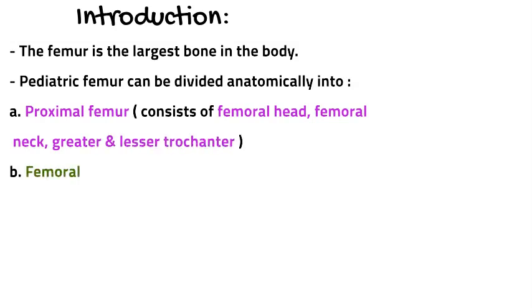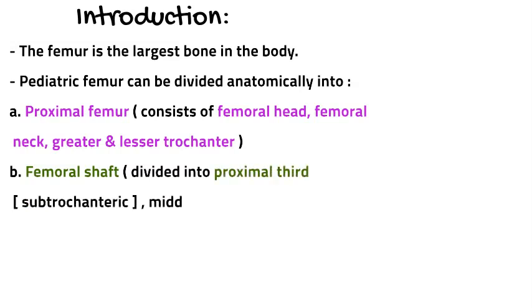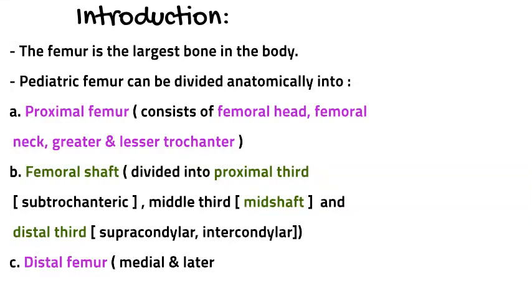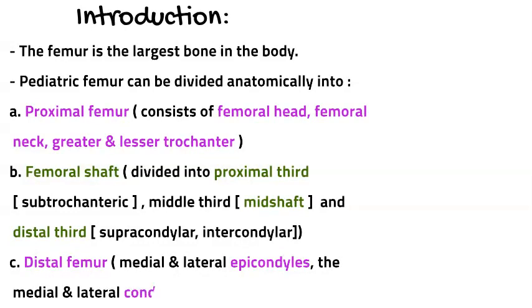B. The femoral shaft, which can be divided into proximal third, subtrochanteric, middle third, mid shaft, and distal third, including supracondylar and intercondylar. C. The distal femur: medial and lateral epicondyles, the medial and lateral condyles, and the trochlea.